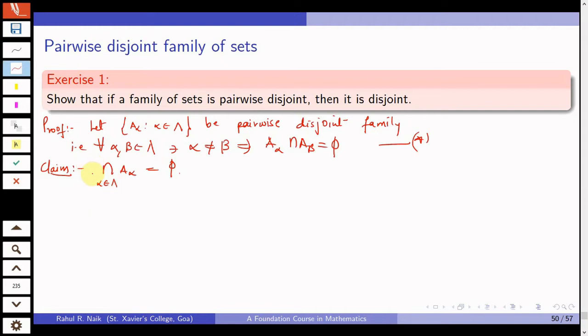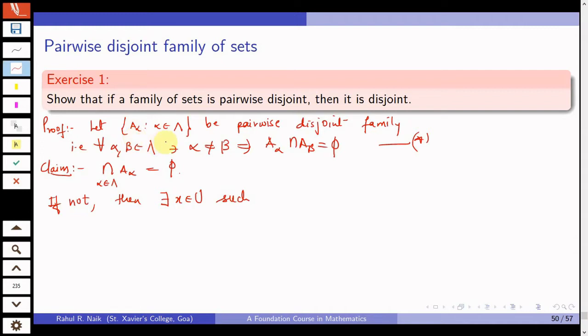So I prove this using contradiction. In fact, you can very easily observe this through the definition, but to produce a proof for this we need to make use of contradiction. So if not, then there exists X in U, where U is a universal set.